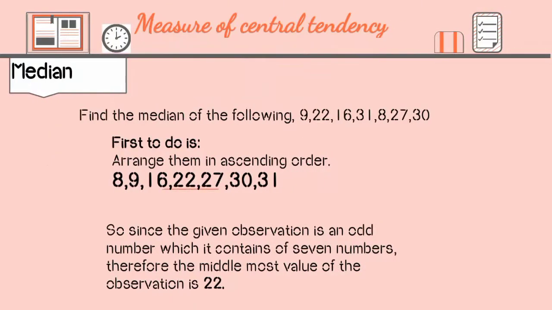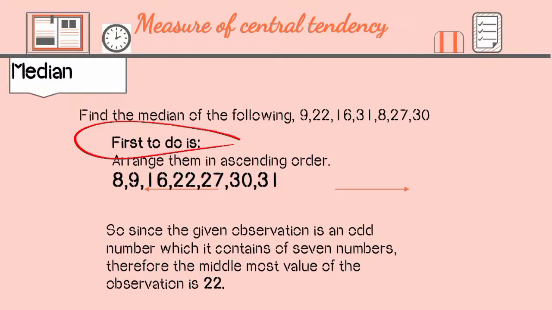So, okay, median. Here is an example. Find the median of the following: 9, 22, 16, 31, 8, 27, and 30. First thing to do, arrange them in ascending order from least to greatest: 8, 9, 16, 22, 27, 30, and 31.